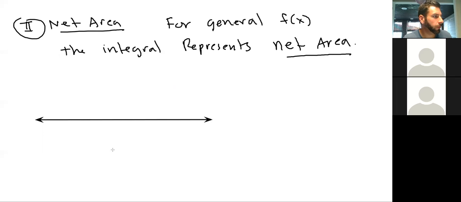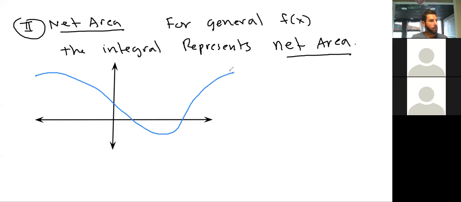So now we're assuming our function is not necessarily always positive. So perhaps our function has the following sort of graph. Let's make the following sort of generic example.